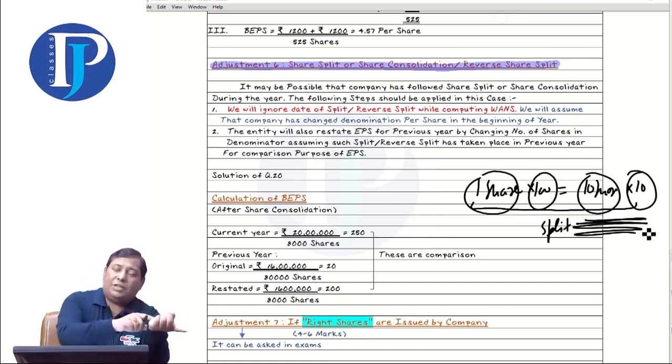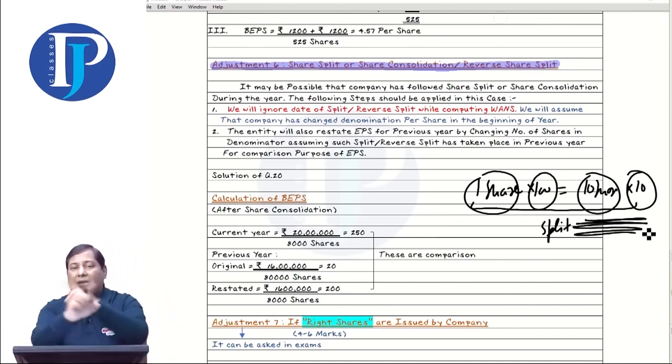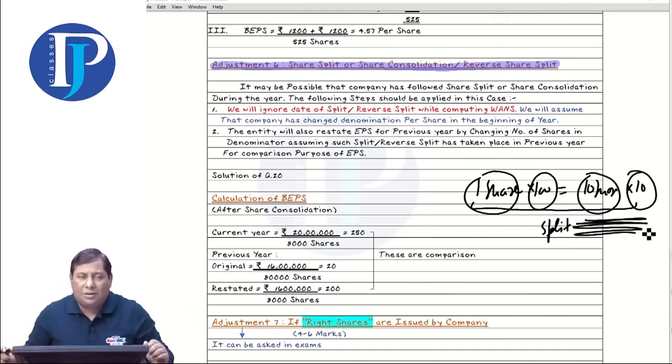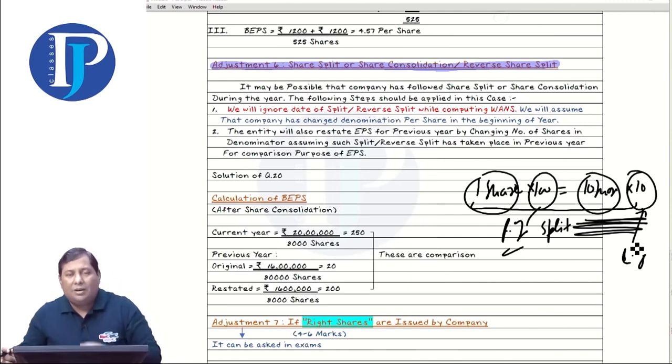So, adjust the number of shares of last year as per the split. Convert last year's number of shares of 100 rupees to 10 rupees. As we have to compare EPS, comparing an EPS of 100 rupees to 10 rupees is not possible. As the previous year's EPS was as per 100 rupees and this year's EPS is as per 10 rupees, it is not comparable. So restate last year's EPS. If there is a bonus share, then also, and if it is split, then also, restatement will be done.